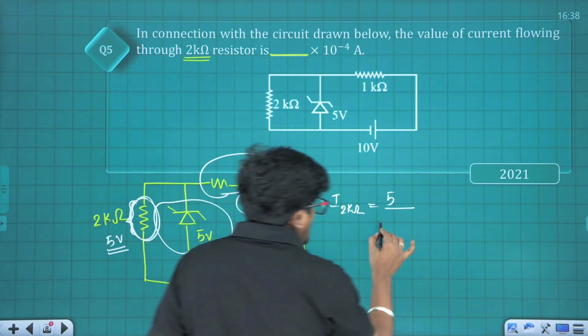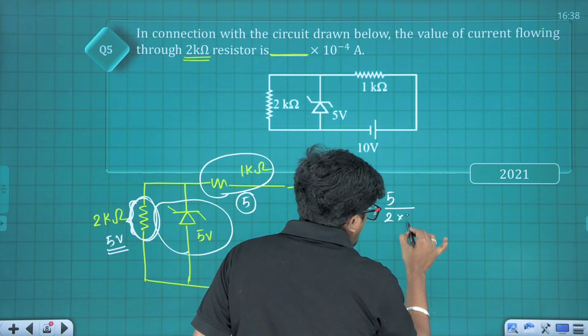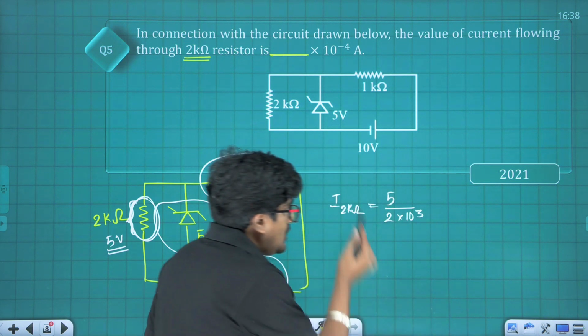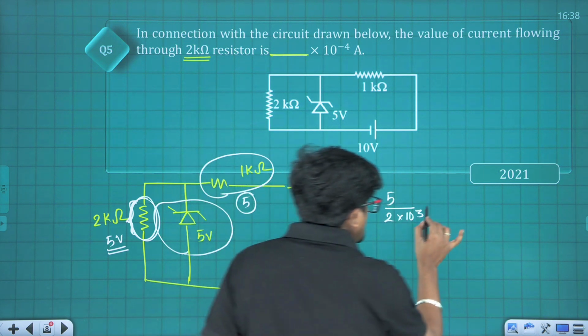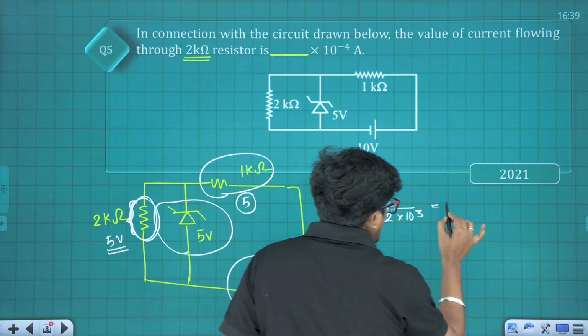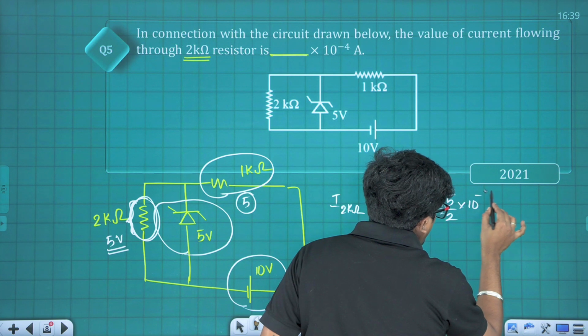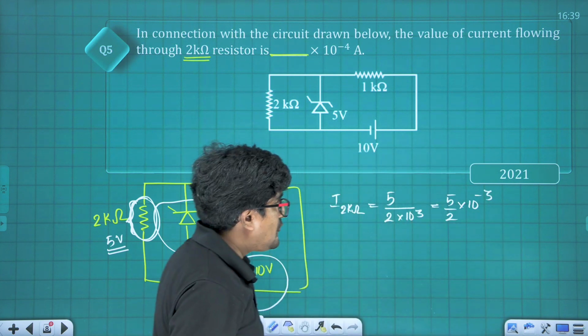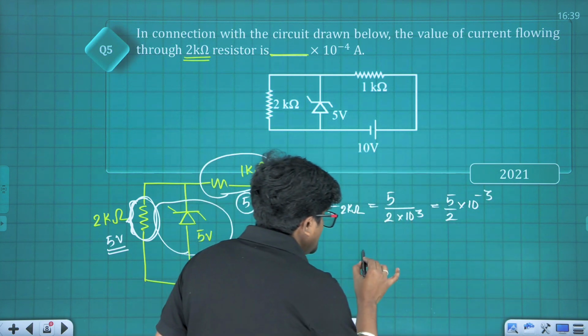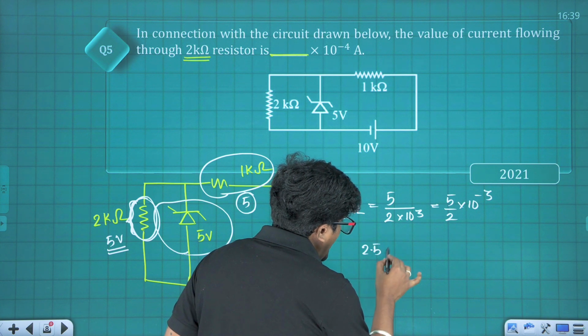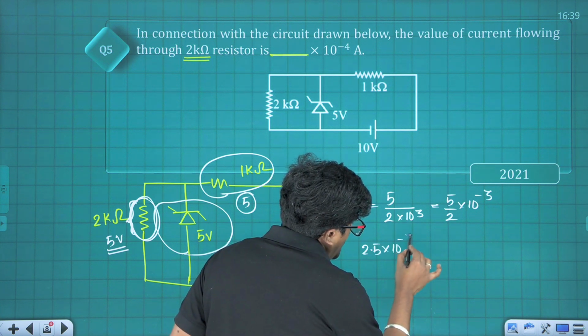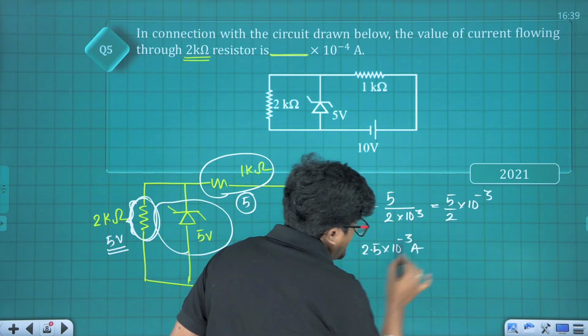Resistance here is 2 into 10 to power 3. This will go to the top. So here this is supposed to be 5 by 2 into 10 to power minus 3. 5 by 2 is 2.5. So it's going to be 2.5 into 10 to power minus 3 ampere.